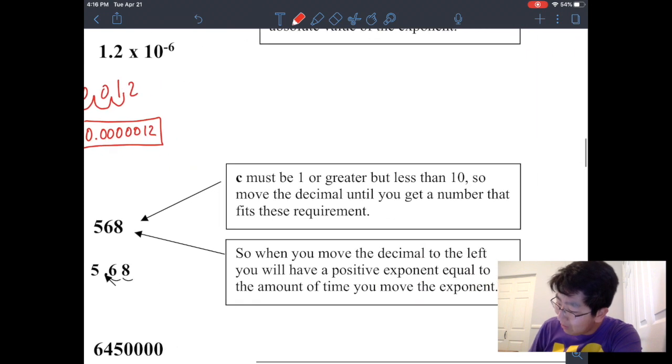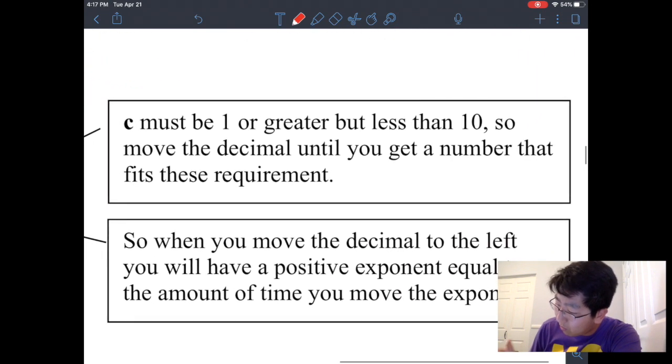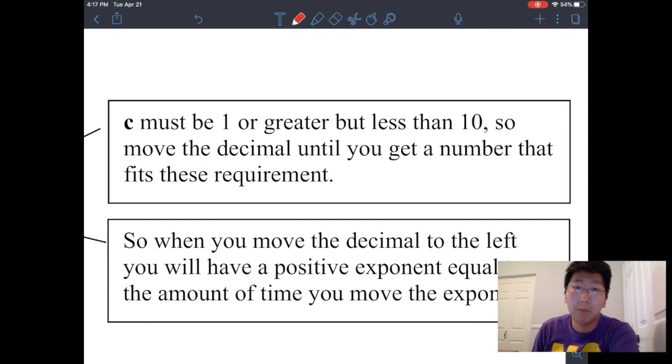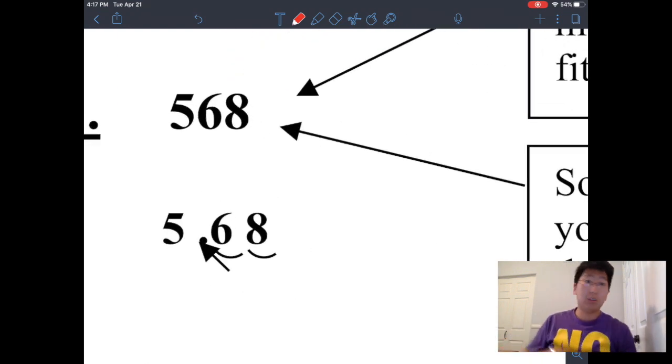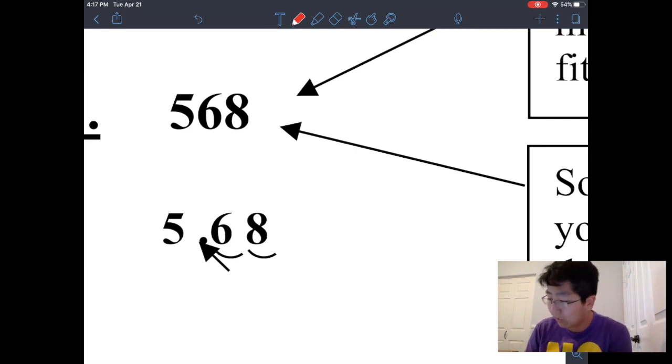Here, C must be 1 or greater, but less than 10. So it has to be in between 1 and 10, but it can't equal 10. It has to be 1 or greater. So move the decimal point until you get a number that fits that requirement. So right here, 563 is too big. It's not in between 1 and 10. So what we're going to do is we're going to take the decimal point.